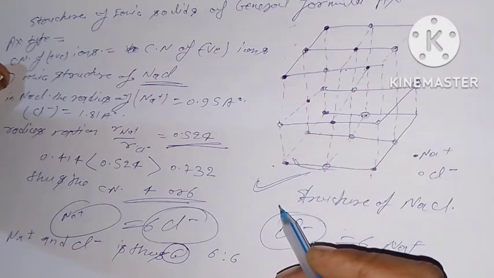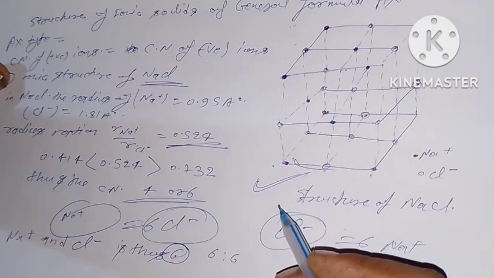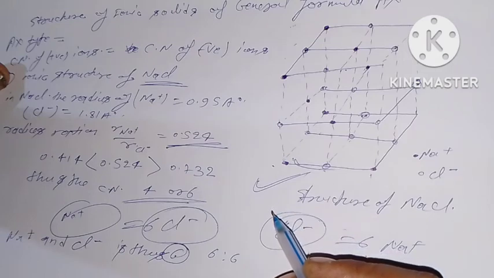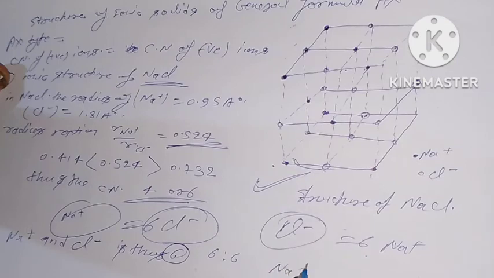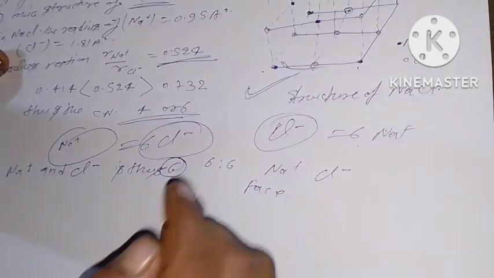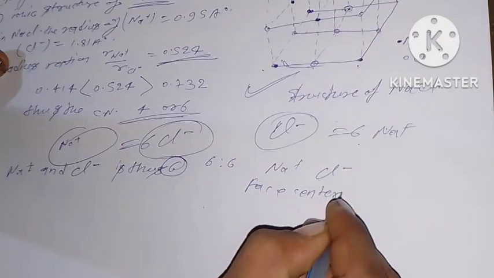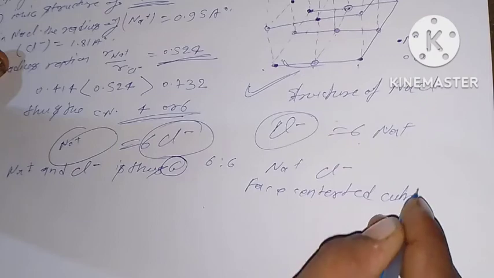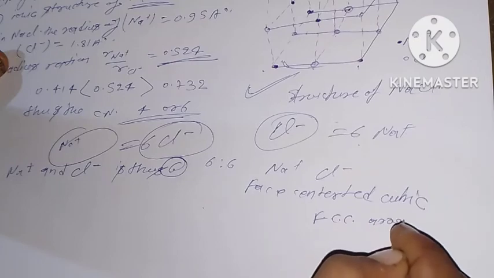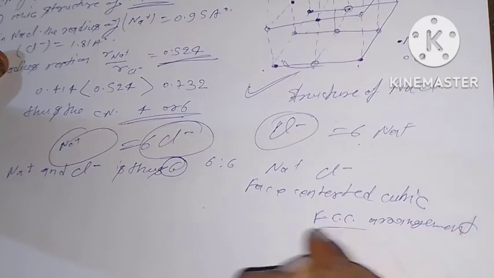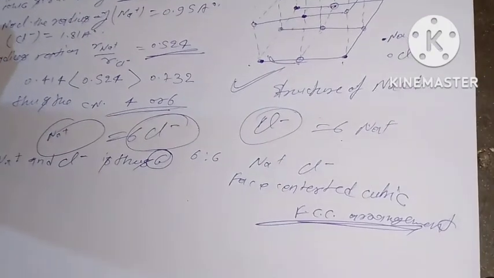You can also see this figure. In sodium chloride, the cations and anions are in a face-centered cubic, that is FCC, arrangement.